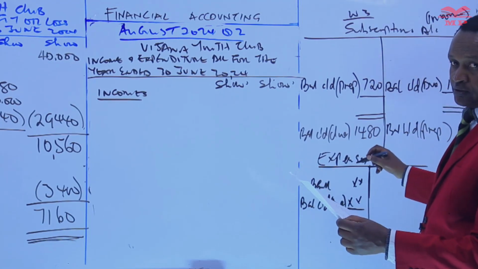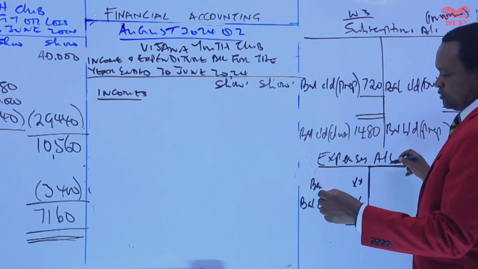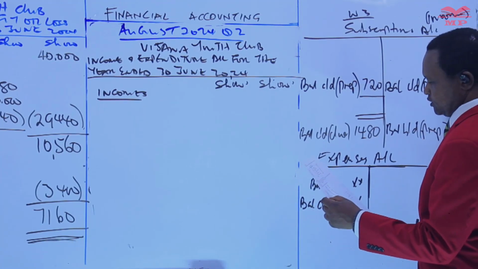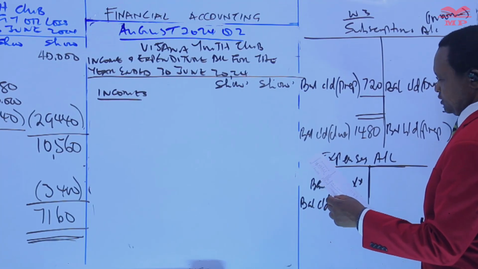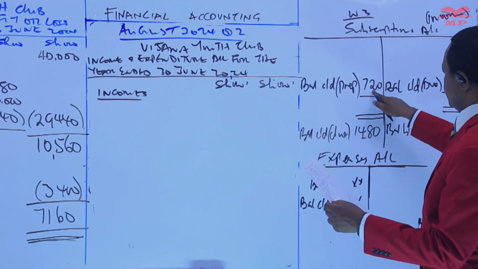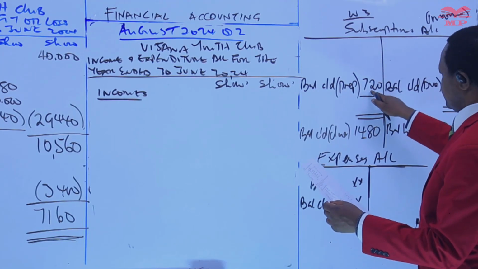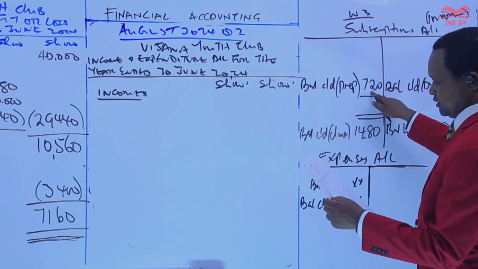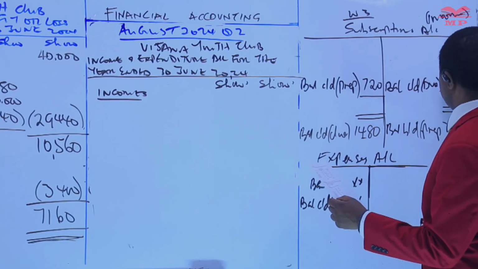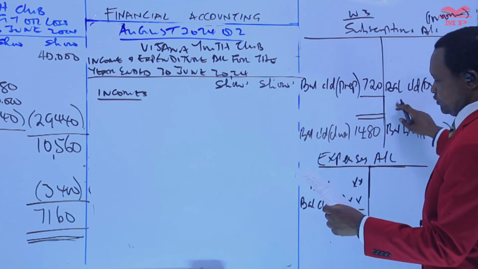Right? Did I do the right thing? 720. Yeah, this is the prepaid at the end. Prepaid at the end is 720. Then in arrears at the end, 1480, that was correct.